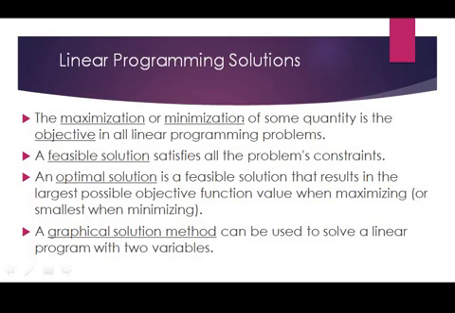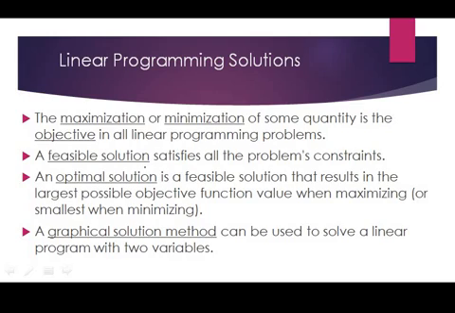The maximization or minimization of some quantity is the objective in a linear programming problem. So the aim or the objective of linear programming is to either maximize or minimize a certain quantity. So whenever I consider a problem, it can have any number of solutions.